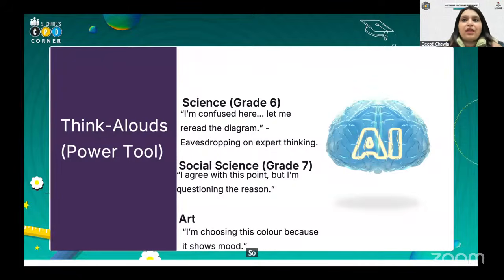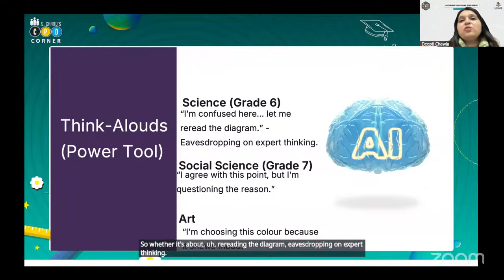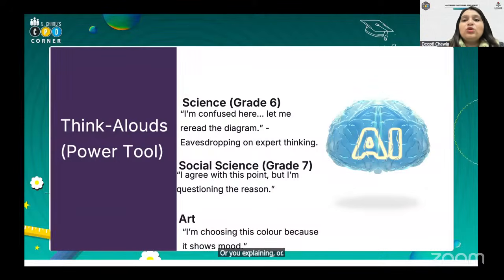So give them an example of how you reorient your thoughts, whether it's about rereading the diagram or eavesdropping on expert thinking. Eavesdropping on expert thinking could be related to providing them with audiovisual support, or you explaining, or if they're working in a group, somebody else explains it to them.